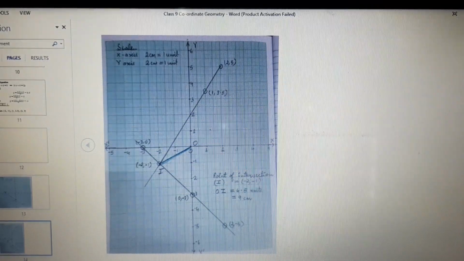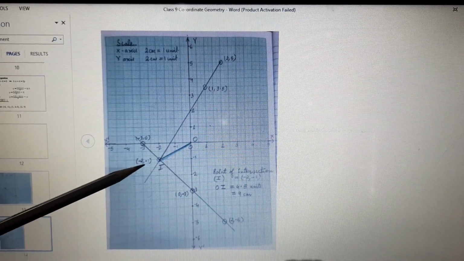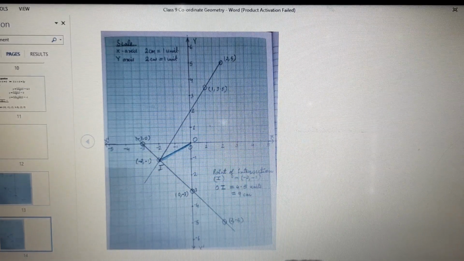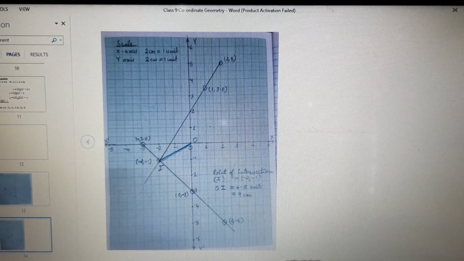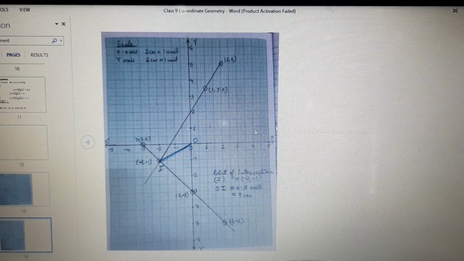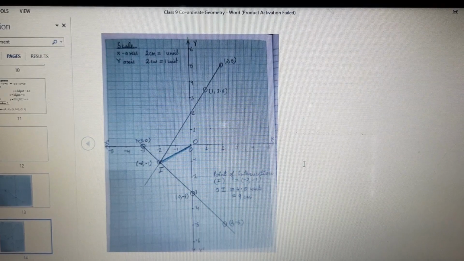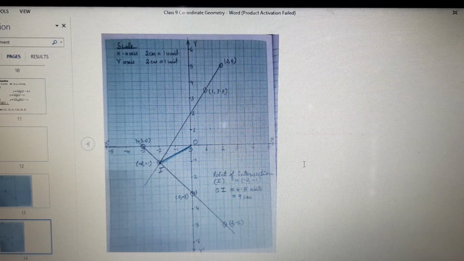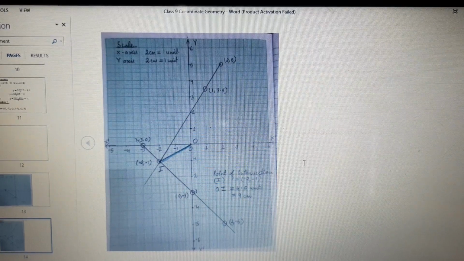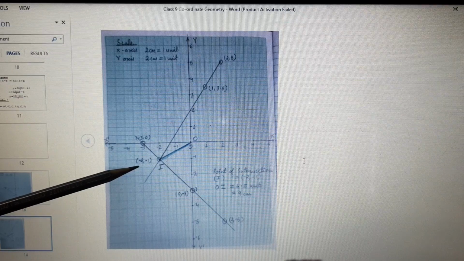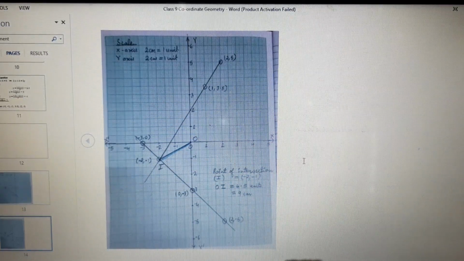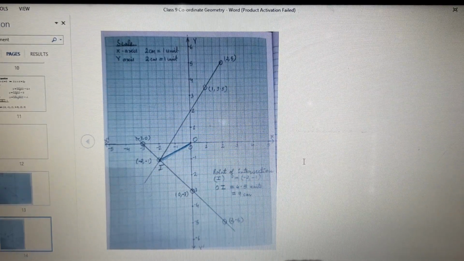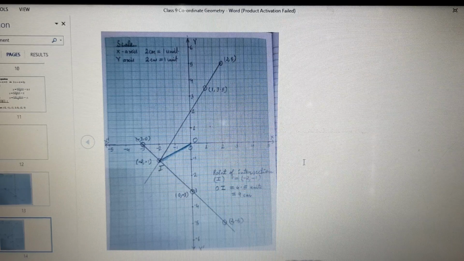It means x is equal to -2 and y is equal to -1. It means if you solve these 2 given equations by any other method, substitution method or elimination method, you will get the same answer. x will be equal to -2 and y will be equal to -1. The intersection point is the answer of x and y.